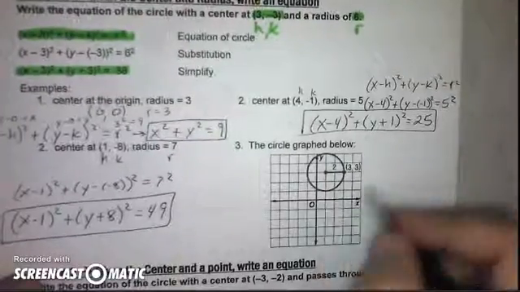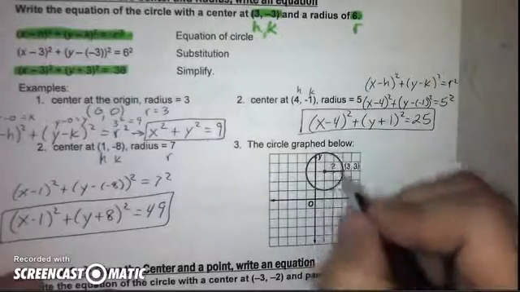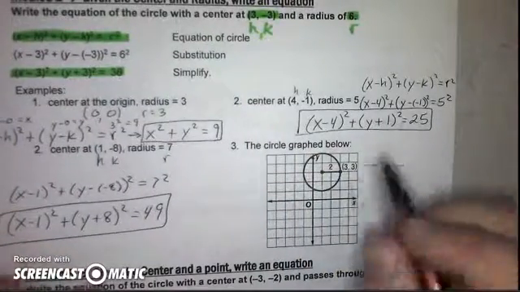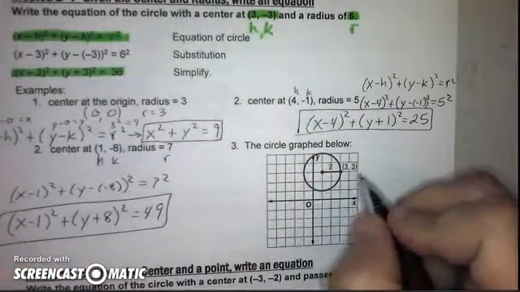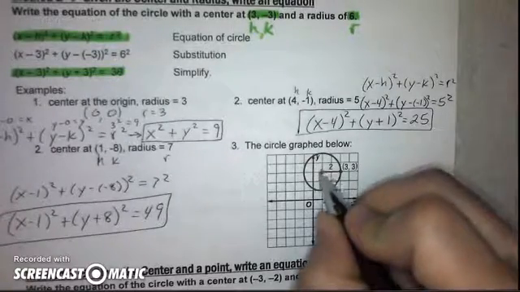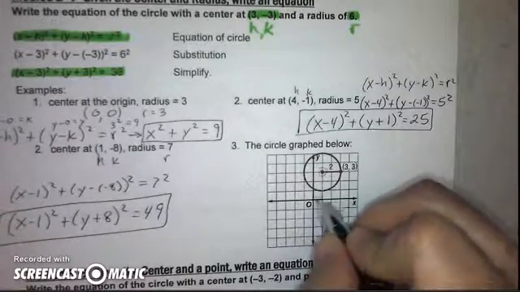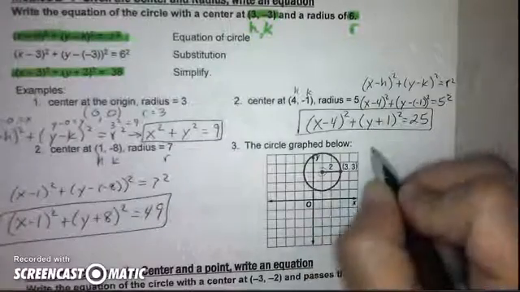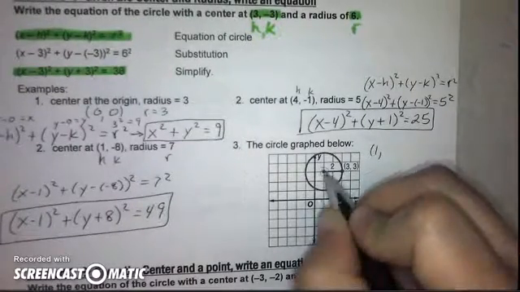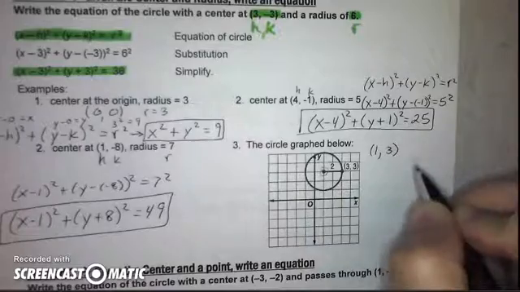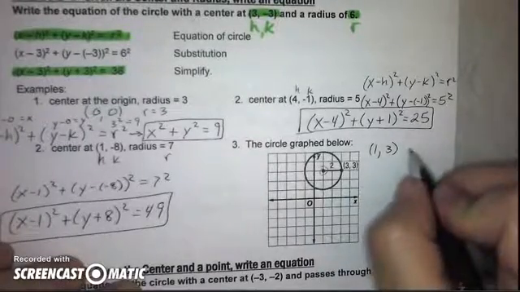All right, in this last example here, for this part, we're given the graph instead of written information that way. So we need to be able to do a couple things. For one, we need to be able to find the coordinates of the center. Okay, this center is at an x coordinate of 1 and a y coordinate of 3. Okay, and we need to be able to tell them what the radius is.